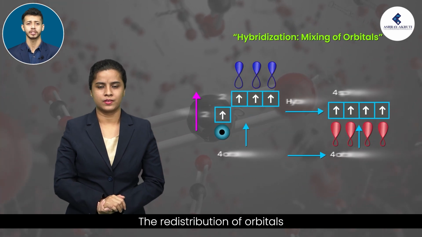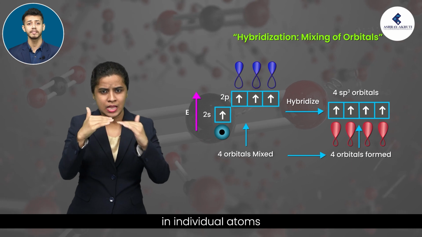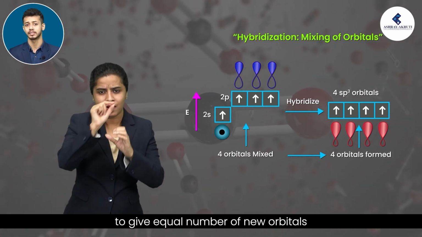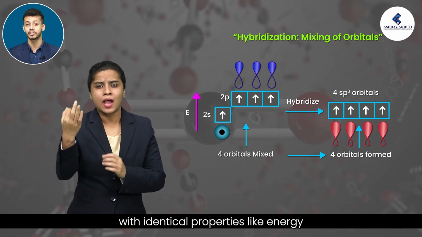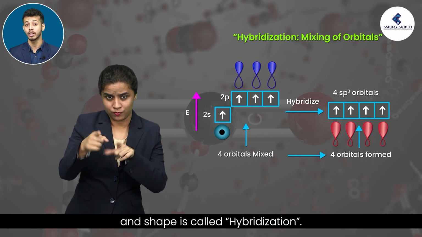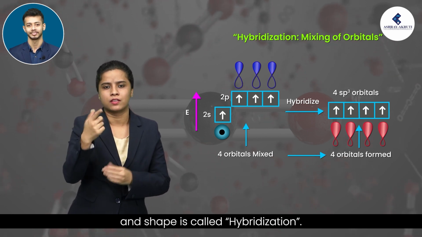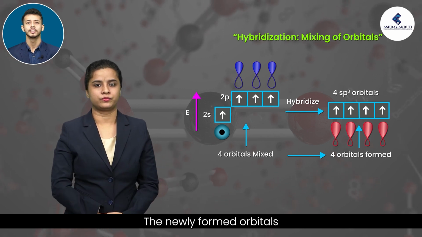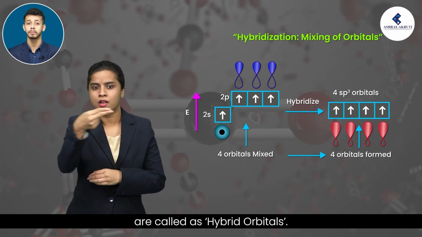The redistribution of orbitals of almost equal energy in individual atoms to give an equal number of new orbitals with identical properties like energy and shape is called hybridization. The newly formed orbitals are called hybrid orbitals.